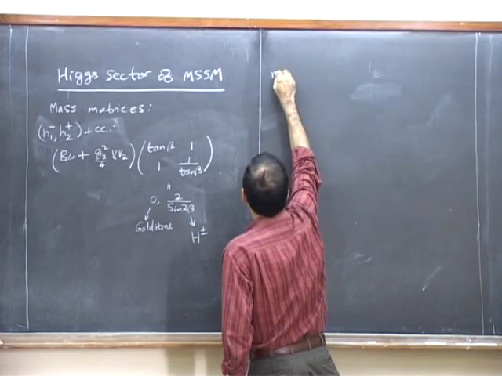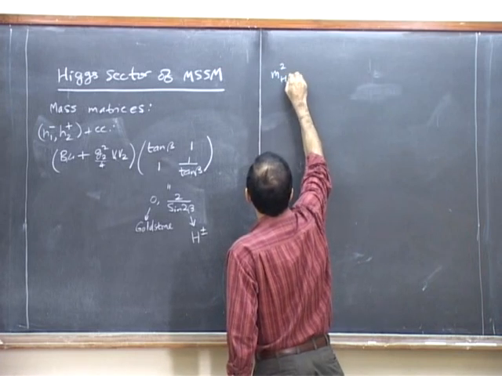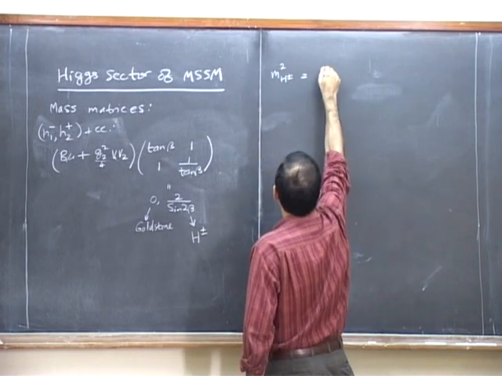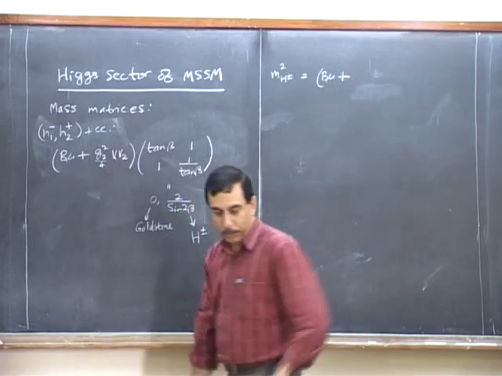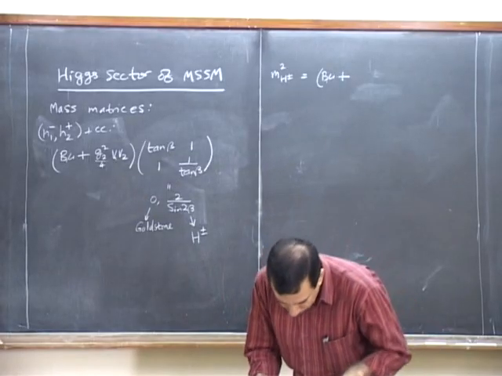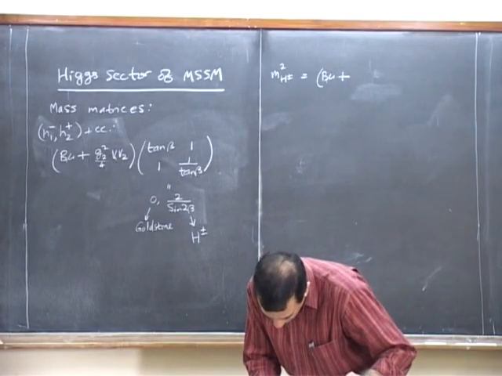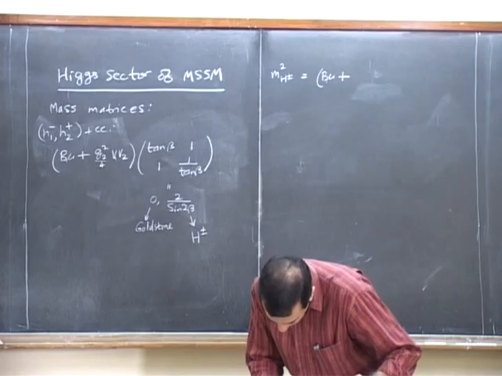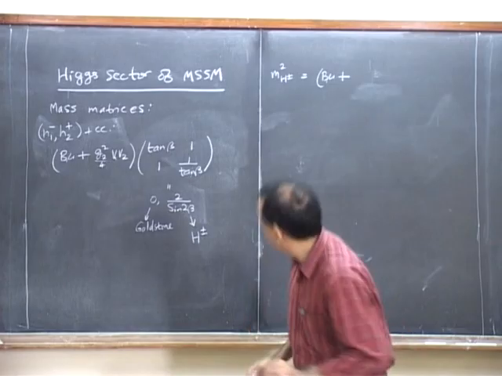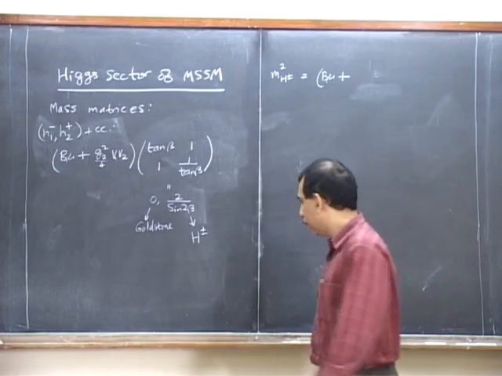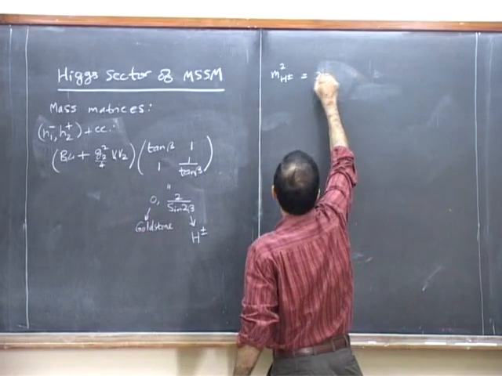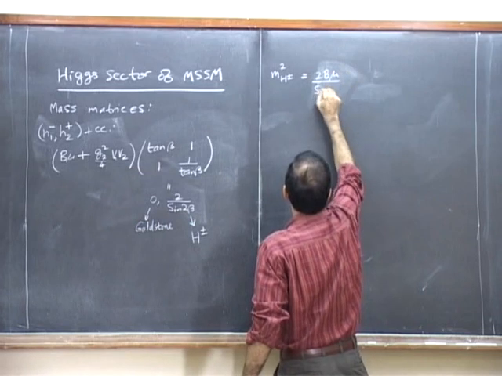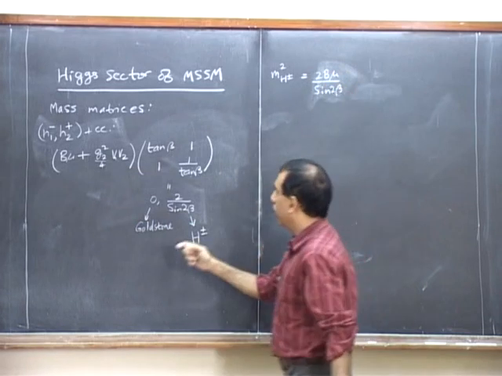So we learn that m squared of H plus and minus is equal to B mu, plus, now this thing I can more fruitfully write in terms of the mass of a physical particle, which is the W. So actually it can be written as B mu over sine 2 beta in the first term.